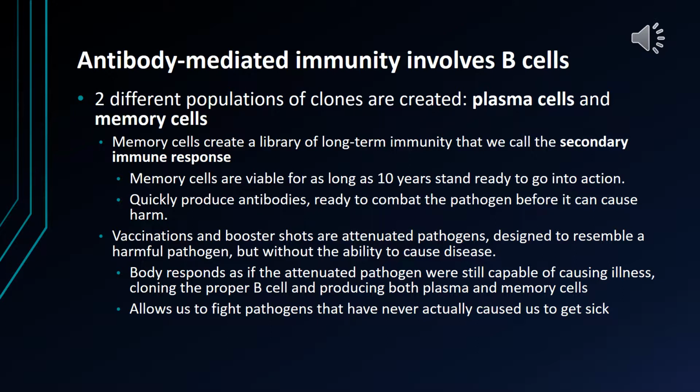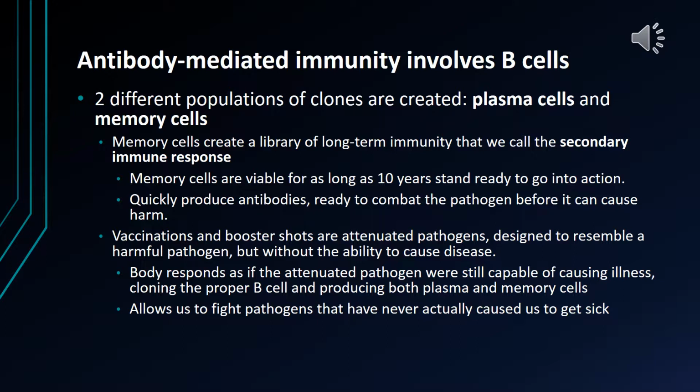However, if the time period of 10 years or so has passed, we'll no longer have immunity to the pathogen and we'll have to go through another primary immune response again. And like I said, this secondary immune response allows us to quickly produce antibodies so that we can destroy the pathogen before it can cause us any real harm. Vaccines and booster shots are attenuated pathogens, which means they contain extremely weak or dead pathogens.